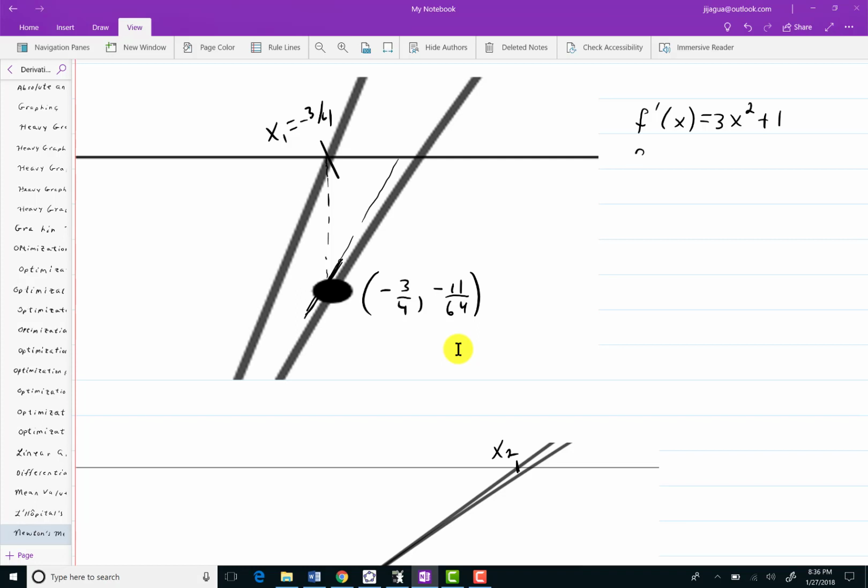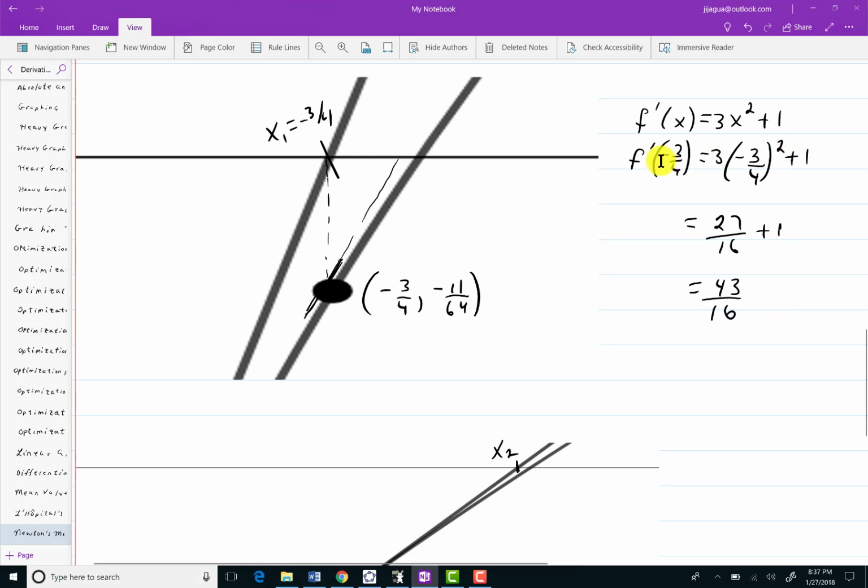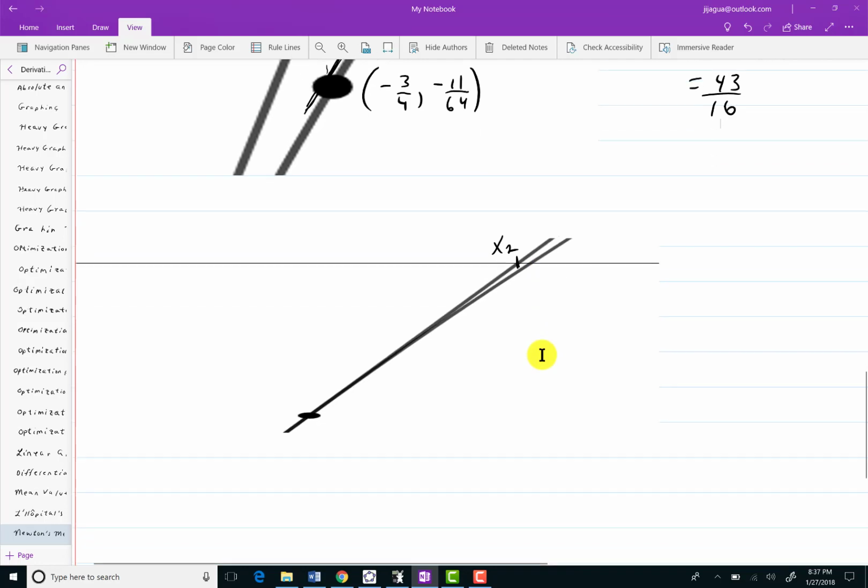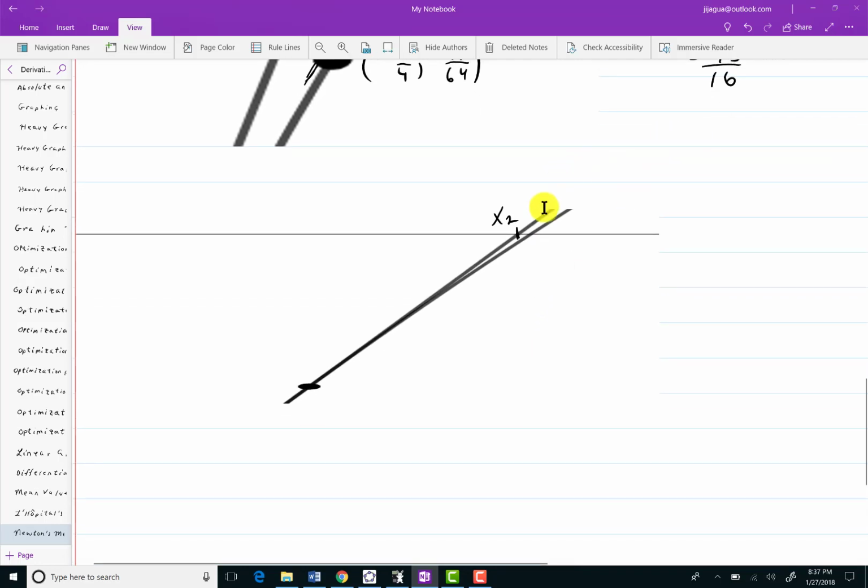So f prime of negative 3/4 equals 3 times negative 3/4 squared plus 1, which equals, this will be 9 over 16. With the 3 there will be 27 over 16 plus 1. And that will equal 43 over 16. So there's the slope of my tangent line. This tangent line right here.